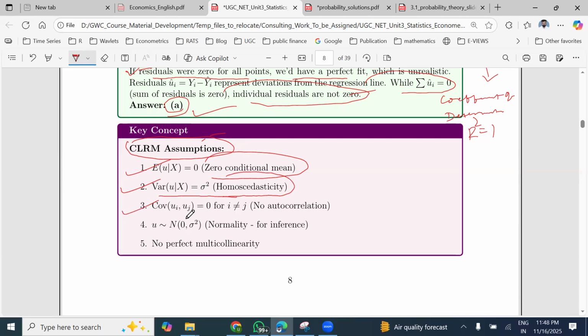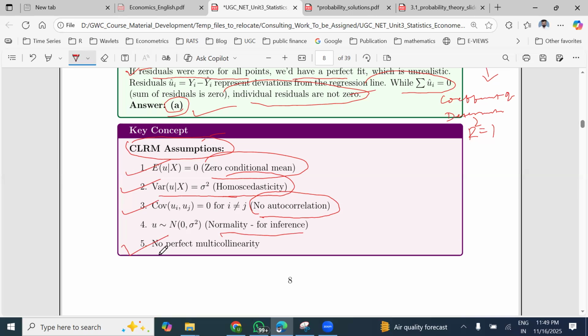Covariance of ui and uj is equal to 0 for i not equal to j. This is called no autocorrelation. Then the fourth assumption, your error term follows a normal distribution with mean 0 and variance sigma square. Then no perfect multicollinearity is also another assumption.